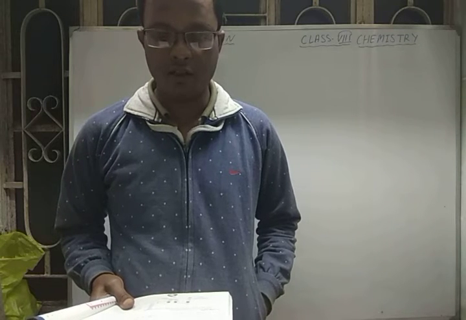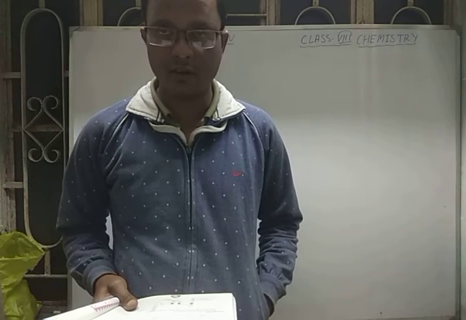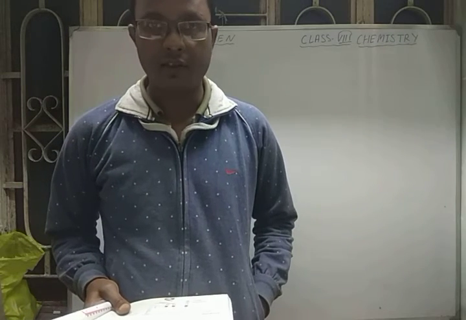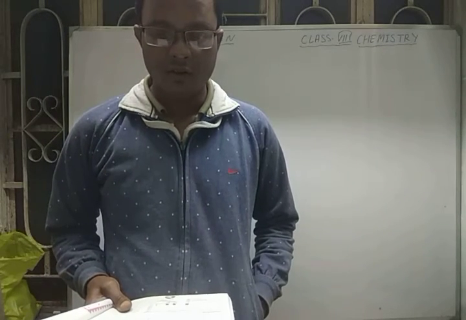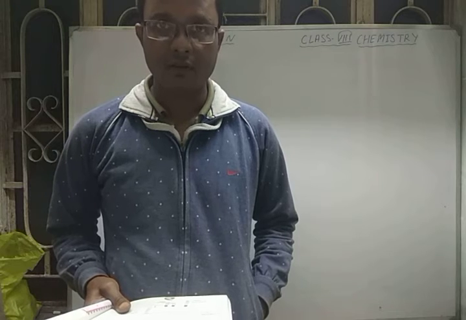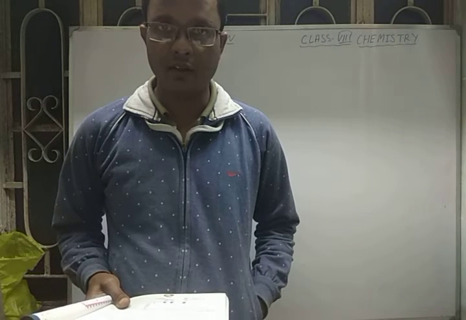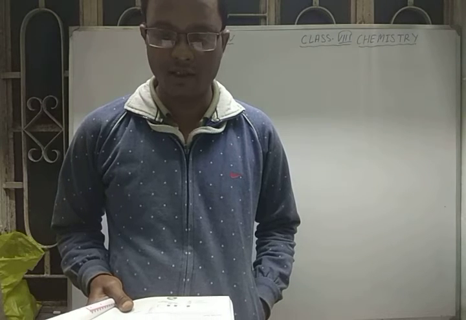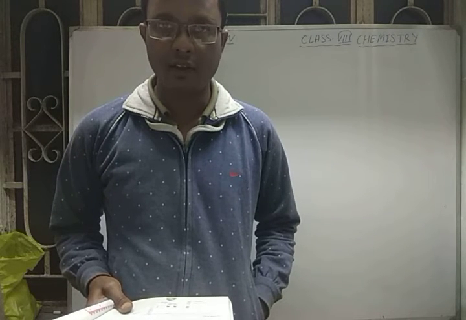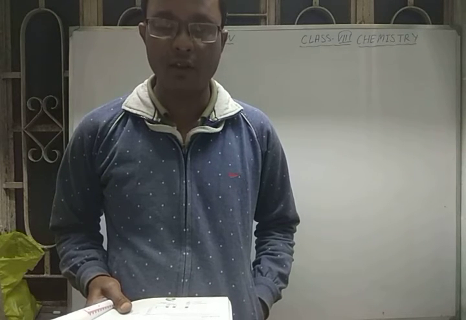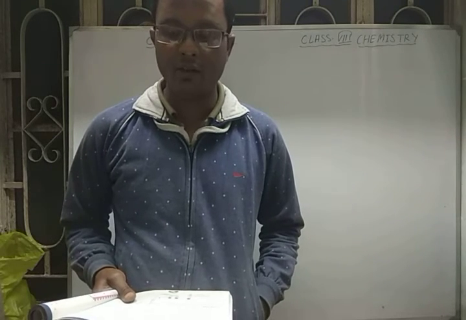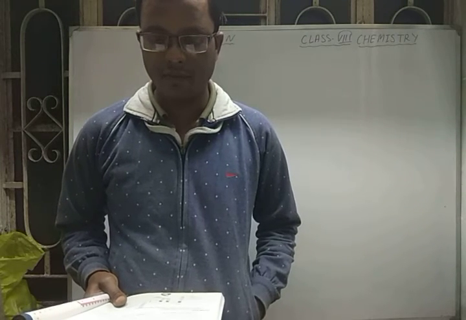So addition of oxygen takes place, that is called oxidation. So lead oxide is helping hydrogen to form water, so lead oxide is the oxidizing agent, whereas hydrogen is responsible for the removal of oxygen from the lead oxide, so hydrogen is a reducing agent.